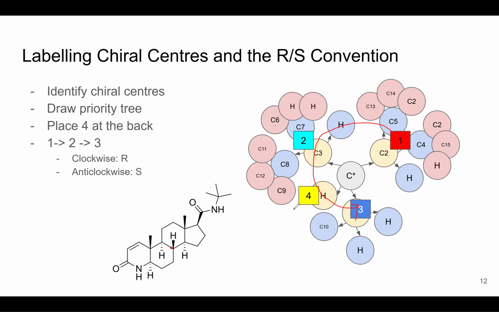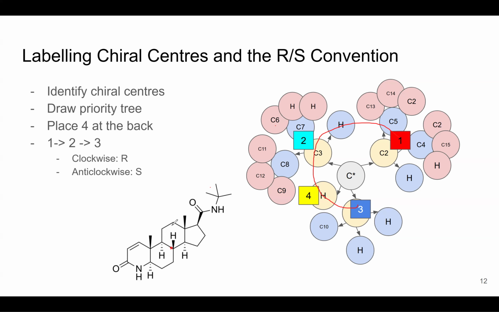Well, no, because right now number 4, this hydrogen here, is pointing out. So when you turn this molecule 180 degrees around, then the 4 points in and the 1 to 2 to 3 runs clockwise. So this chiral center, you can actually label as R.